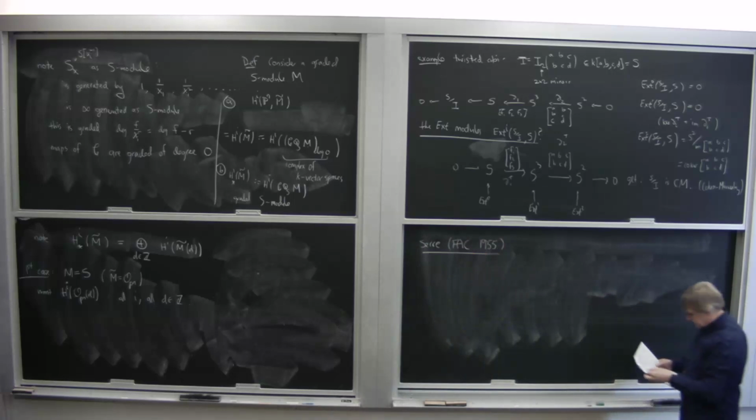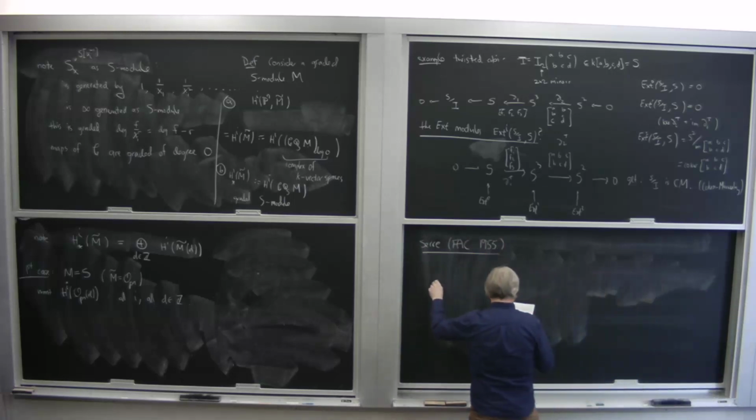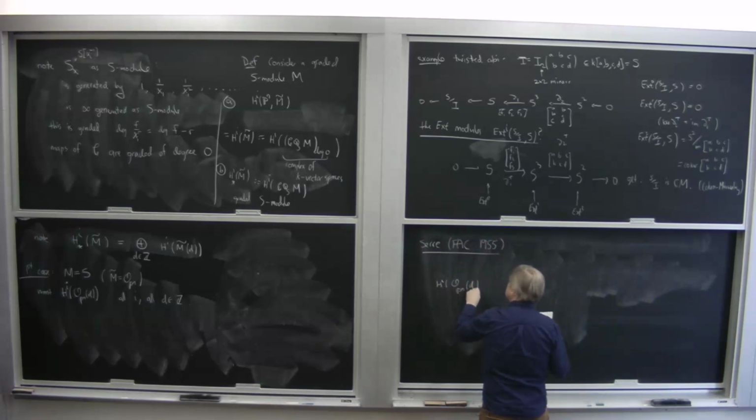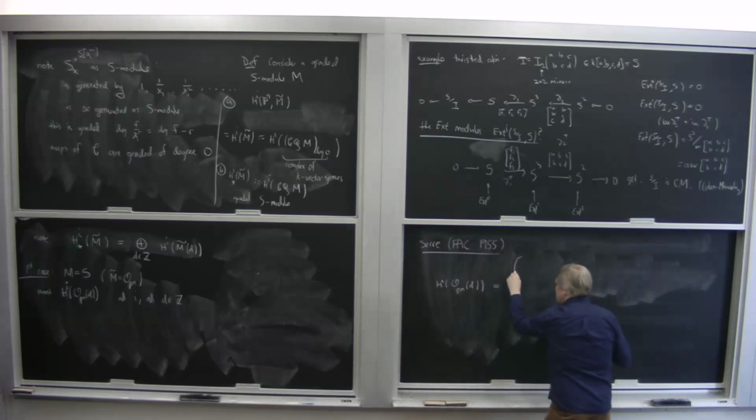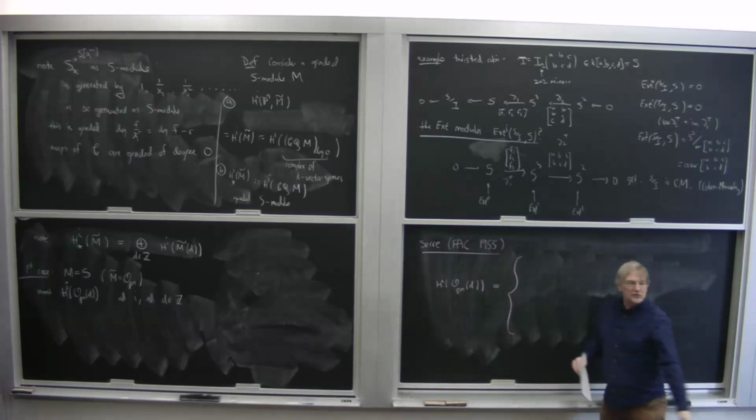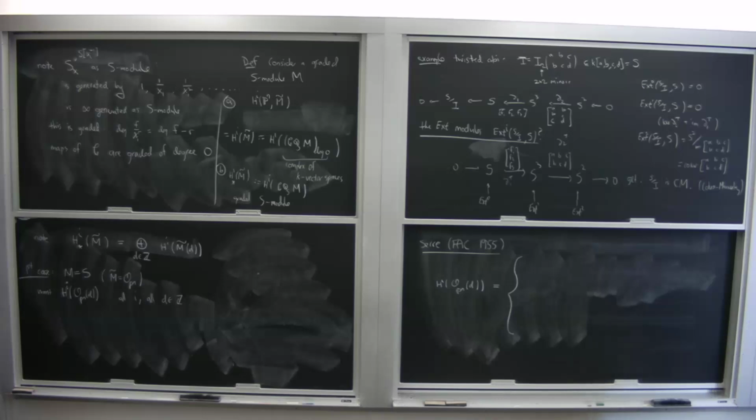So here is the result. H^i of O_{P^n}(d) is equal to some number of cases. So what is it? Well, if i is equal to 0, you take the kernel of this map.